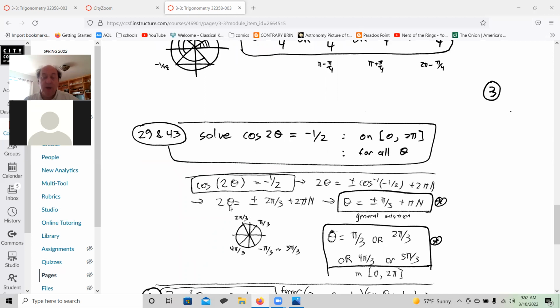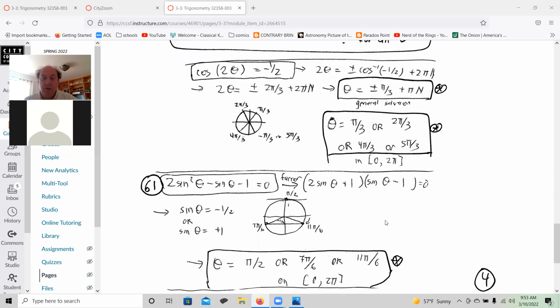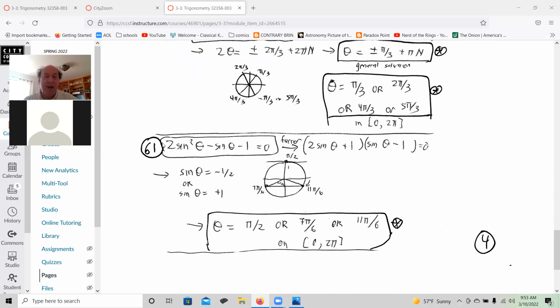Now we divide by 2 and get theta equals plus or minus pi/3 plus pi n. That's the general solution. And specifically on the unit circle, it'll be pi/3 or 2 pi/3 or 4 pi/3 or 5 pi/3.